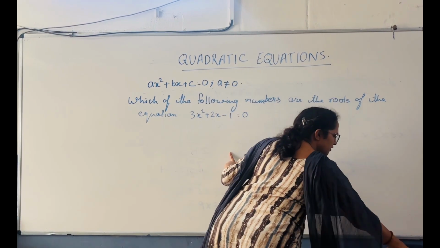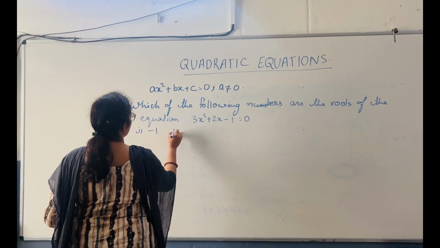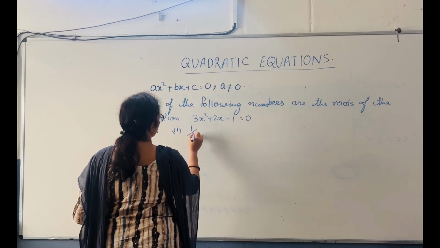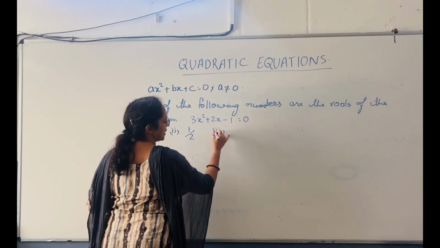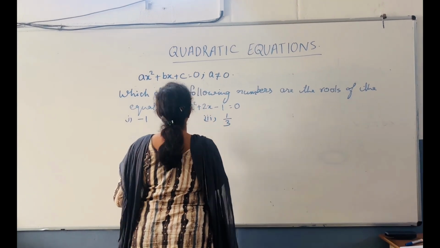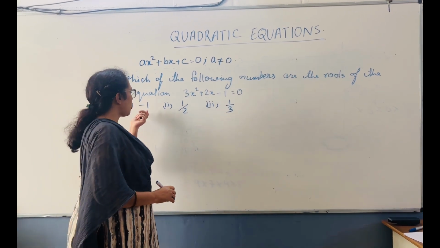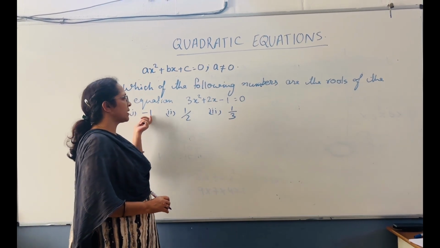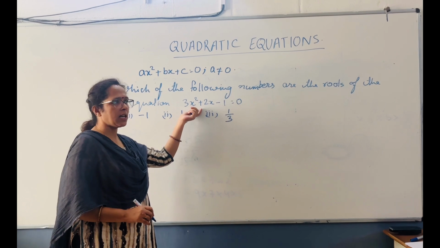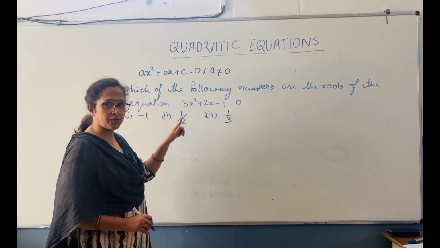So here I am taking a few numbers. The first number is minus 1, the second number is 1 upon 2, and the third number is 1 by 3. One by one we will put the value of x, this number, at the place of x, and we see if it satisfies the equation, then it will be the root of the equation.